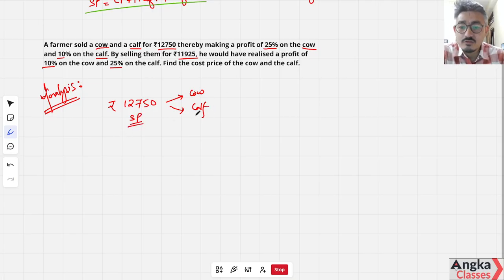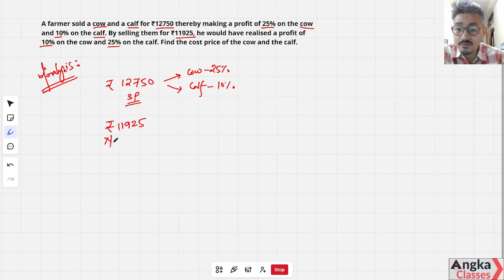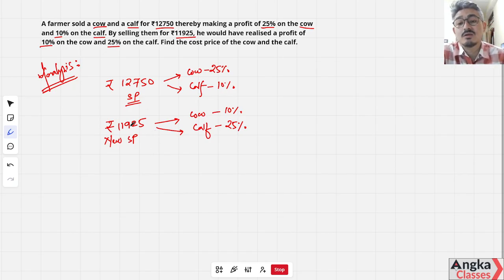In this transaction there is a 25% profit on the cow and a 10% profit on the calf. Now, in the second case it is 11,925. We'll call this the new selling price. In it, the cow has a profit of 10% and the calf has a profit of 25%. This is the question.